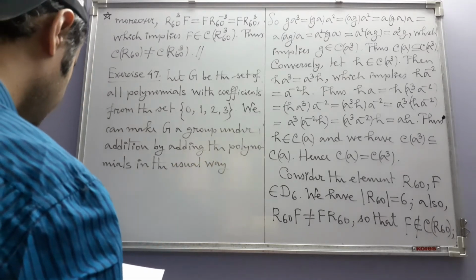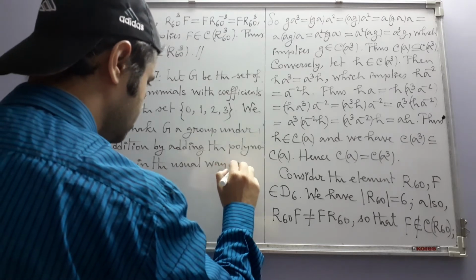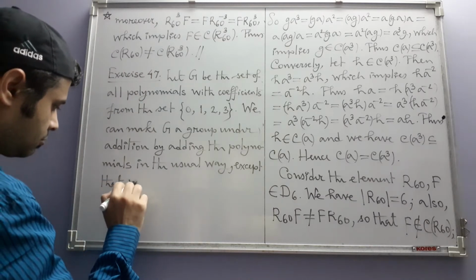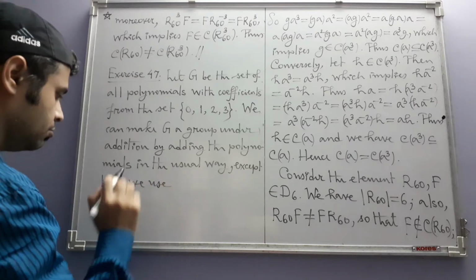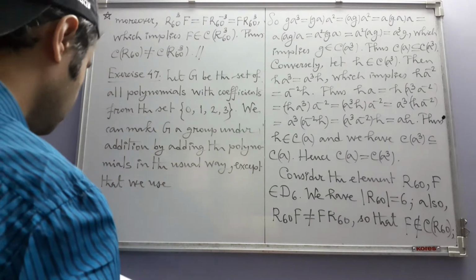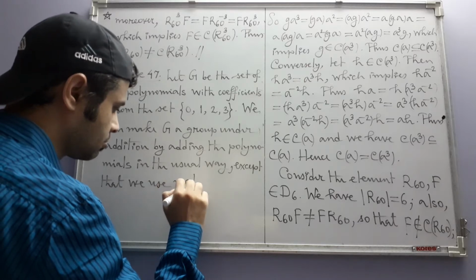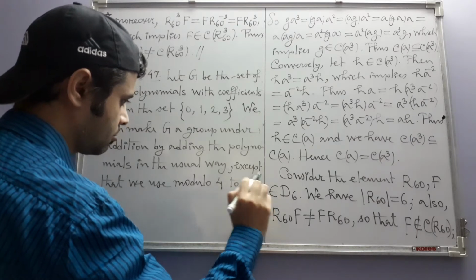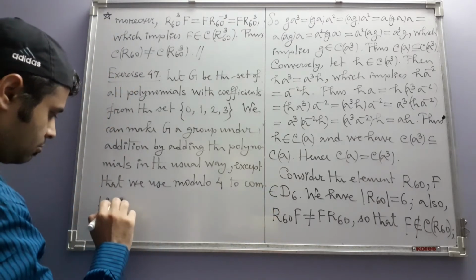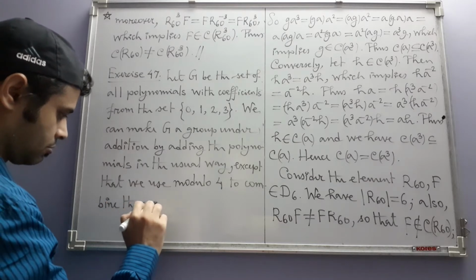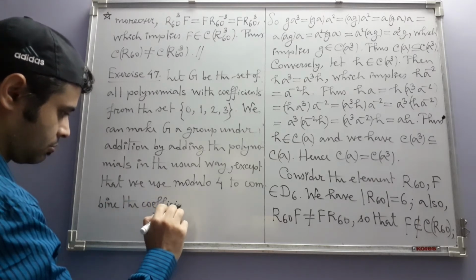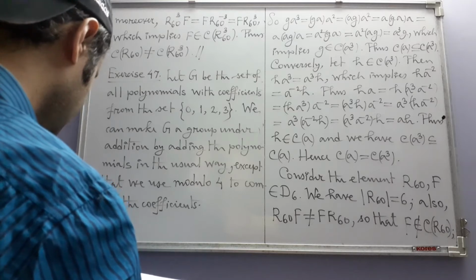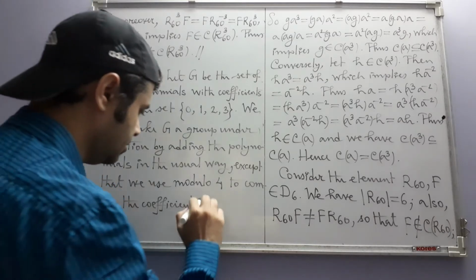But there is a condition, except that we use modulo 4 to combine the coefficients. With this group operation, determine the orders of the elements of G.